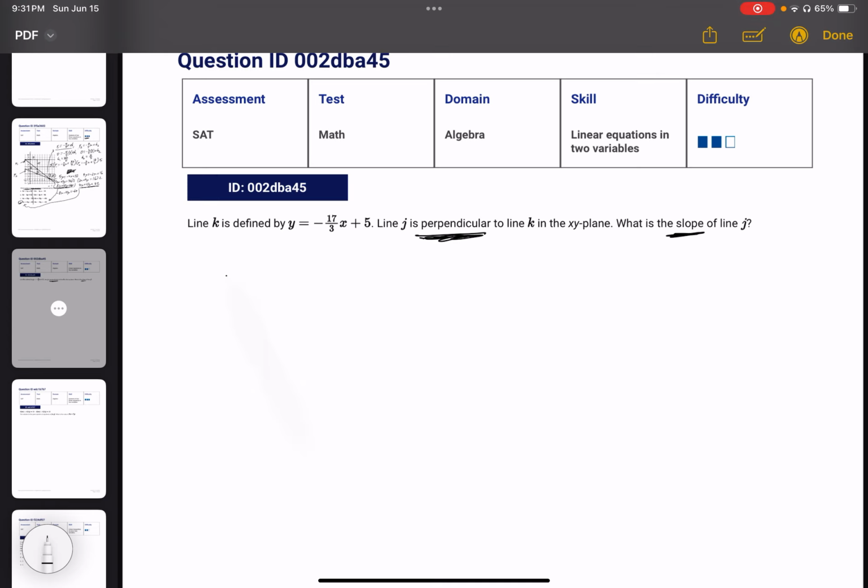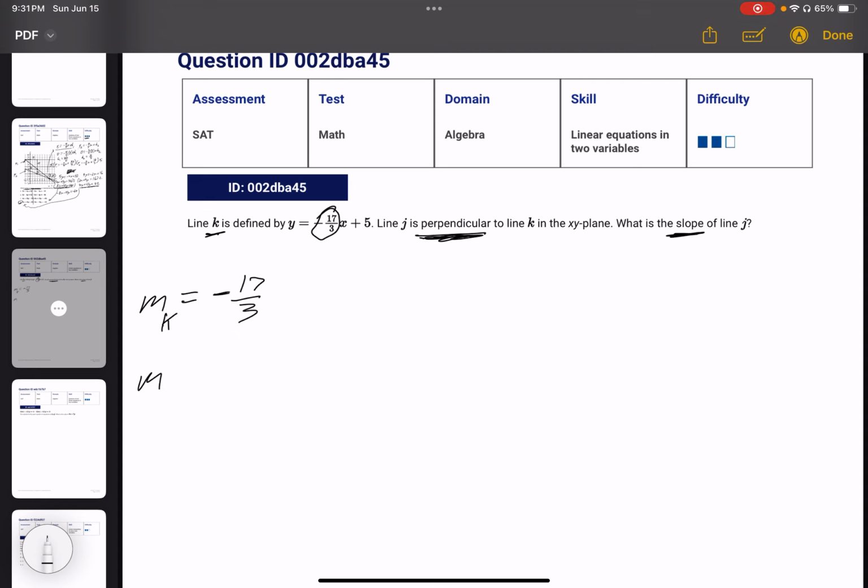So for example, we have this slope right here in this equation. Negative 17 over 3 is equal to the slope for line K. And if we have a perpendicular slope, so slope is usually denoted by m, so let's do m subscript k is equal to negative 17 over 3.